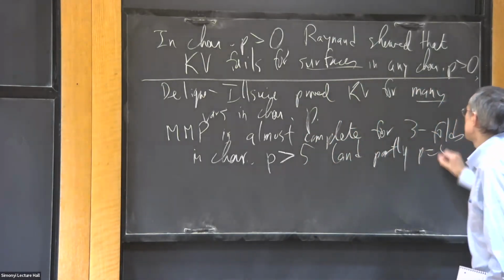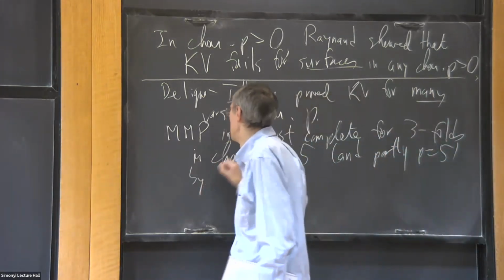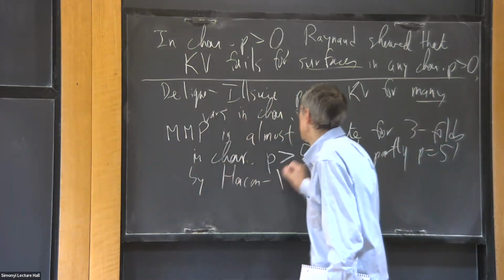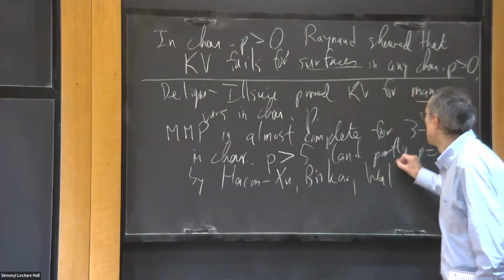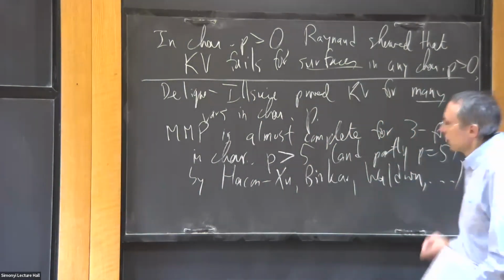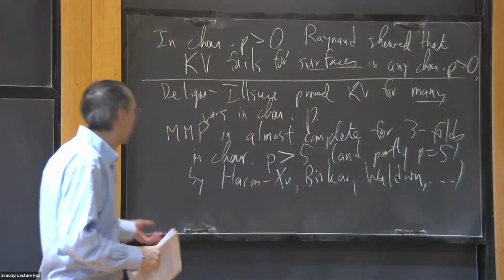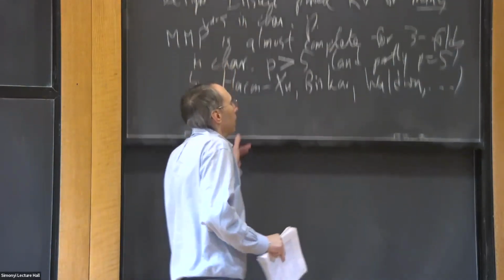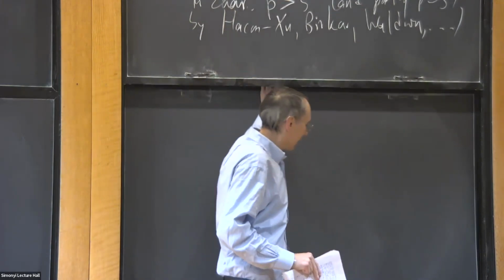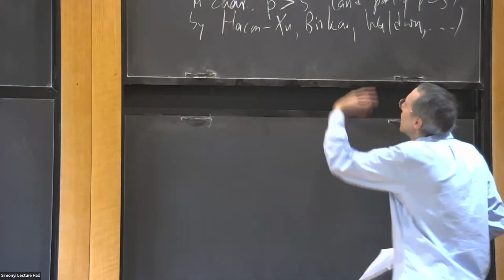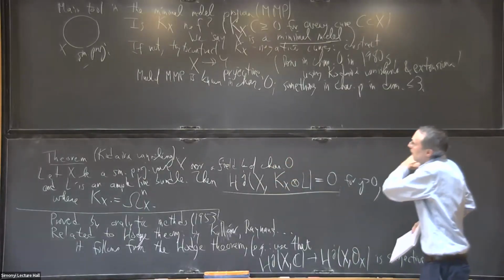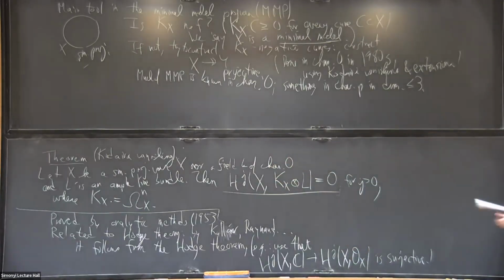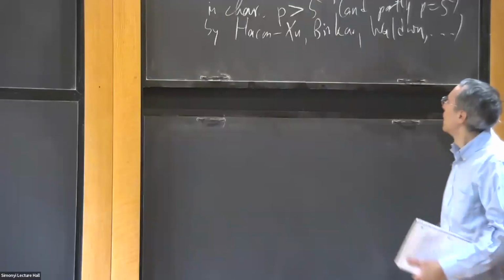Some names: Ejiri, Chu, Ricard, Waldron, and others. So in large enough characteristic, we kind of understand this. It's a large body of work, but the goal of producing a minimal model, or else showing that your variety is birational to a fiber space of Fano varieties, has been worked out in these cases.